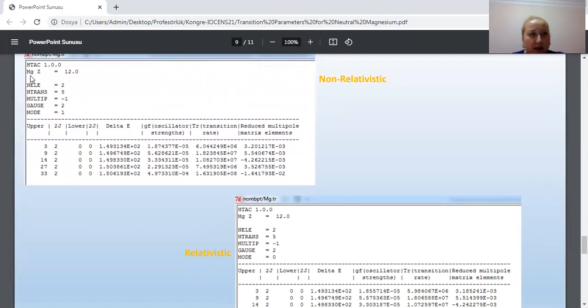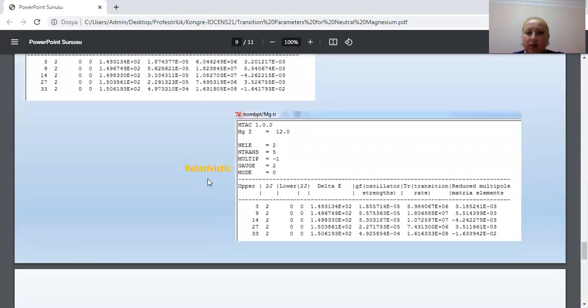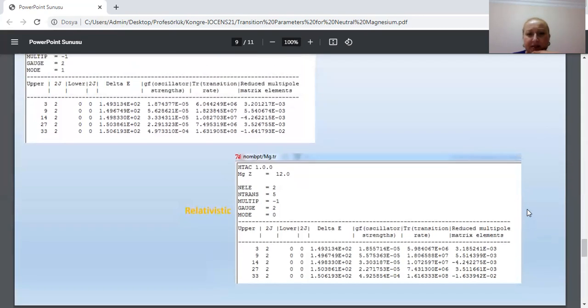Here you can see magnesium, and the next one is about the relativistic Hamiltonian. We chose this option and found the result, so you can see the different results and compare them.